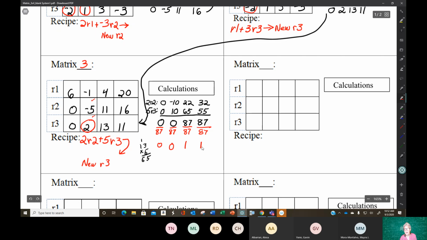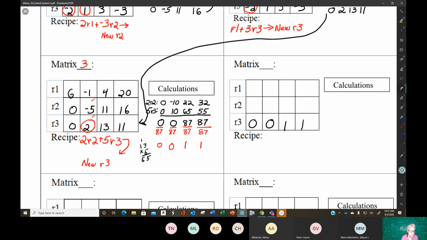You have to do this to every number in the row when you do it. All right, so 0, 0, 1, 1 is going to be my new row 3, and that is not bad at all. So I'm pretty happy about that. Row 3 is now going to be 0, 0, 1, 1.